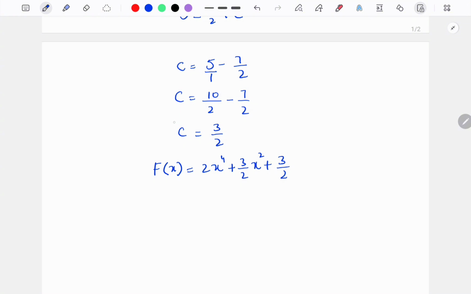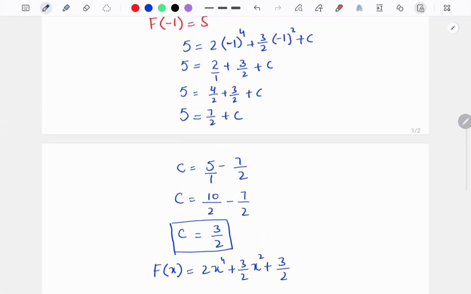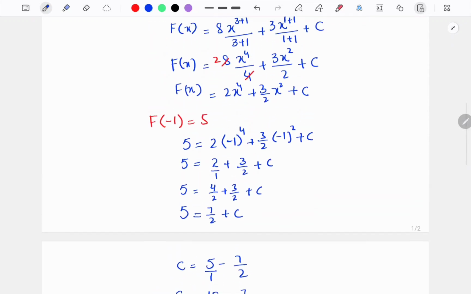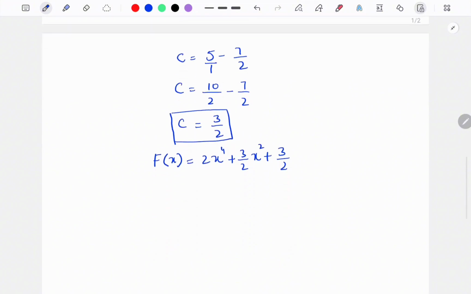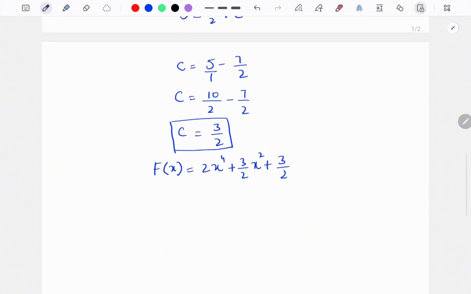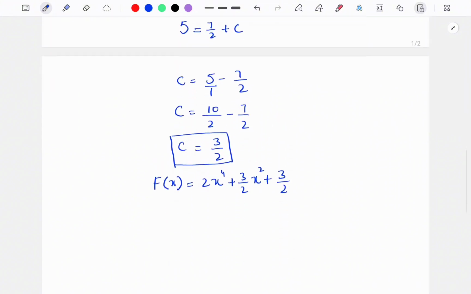The value of c which we derived, we have substituted in this function. So we have got the final answer. This question is asked in Germany's final school exams. Hopefully you have got the idea. Thank you for listening and watching.